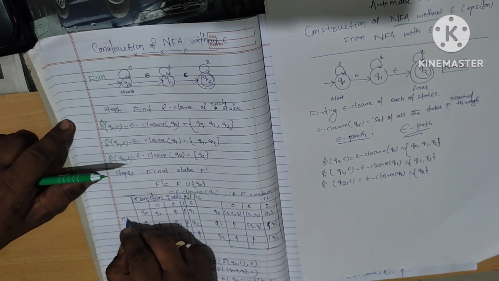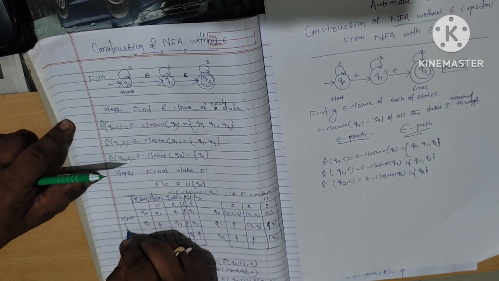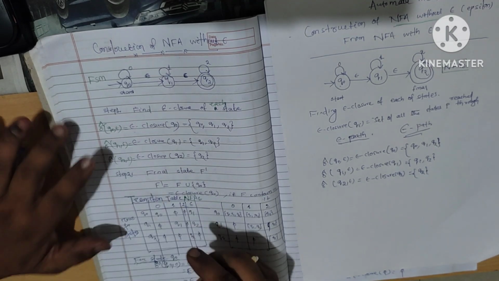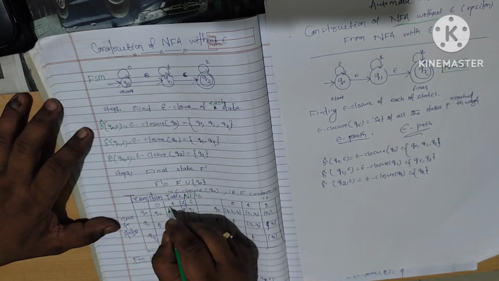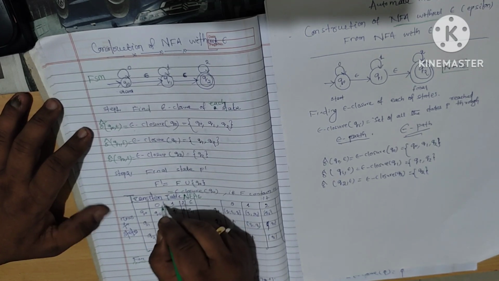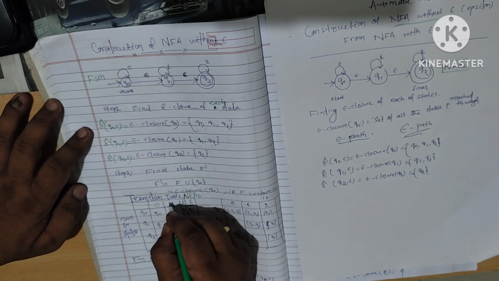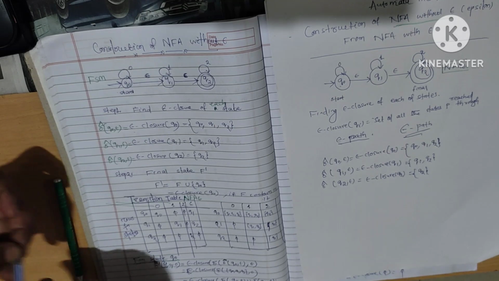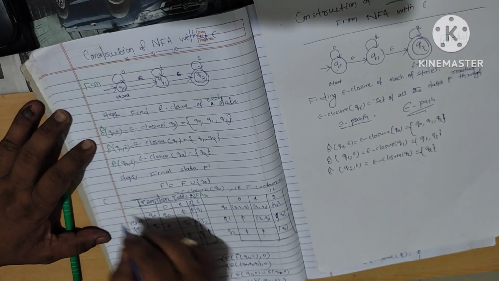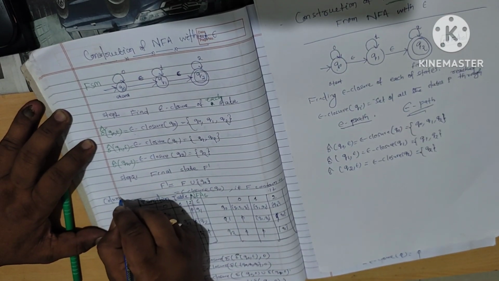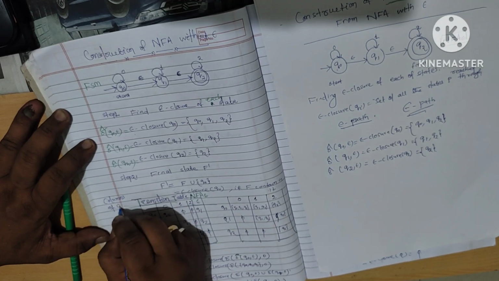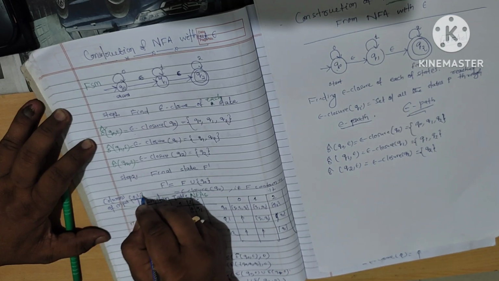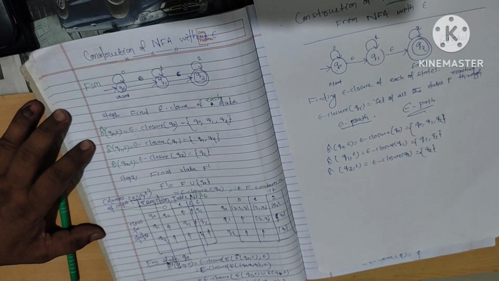Rows for states and columns for inputs. What are the inputs here? 0, 1, 2, epsilon.